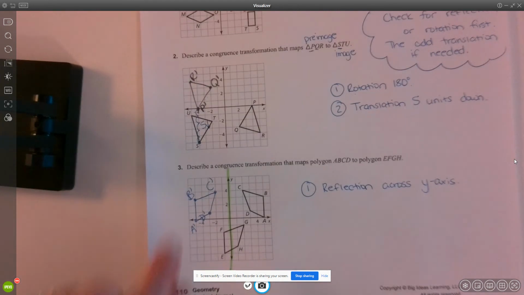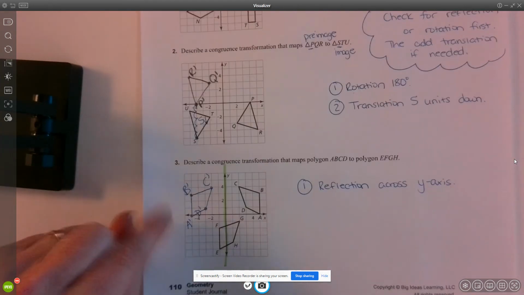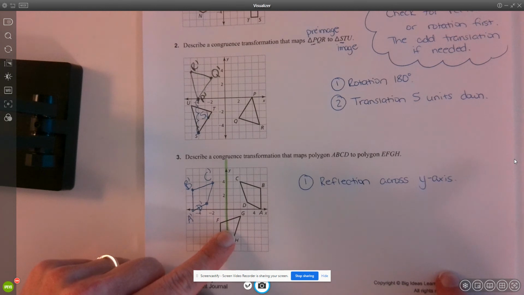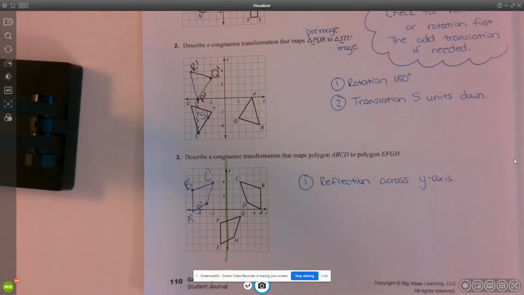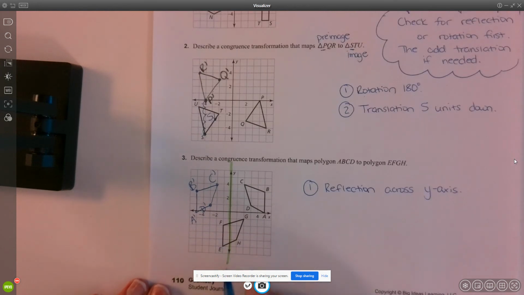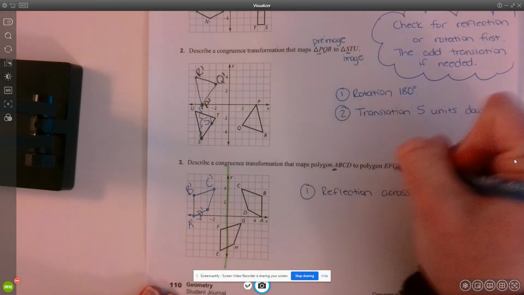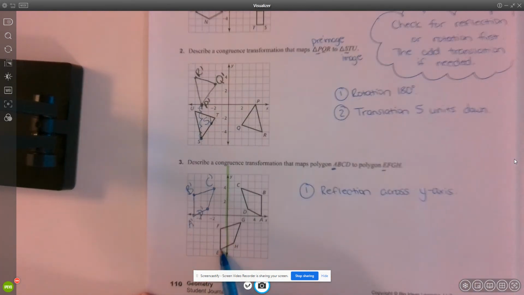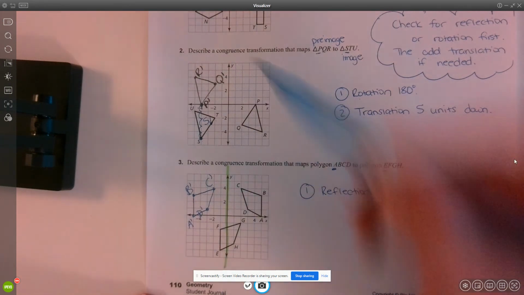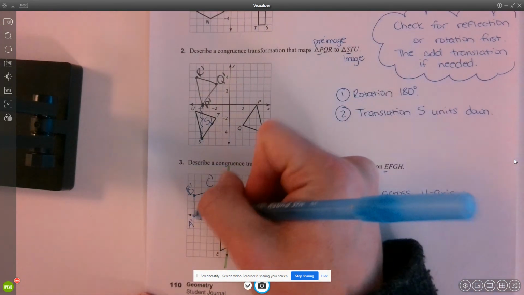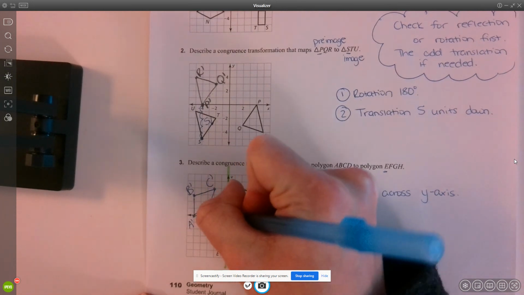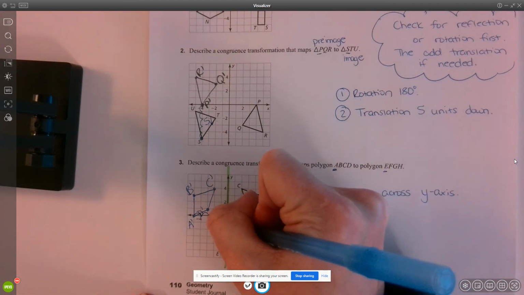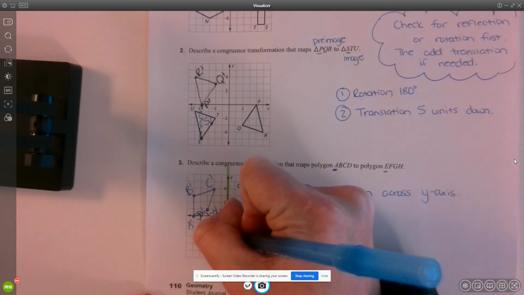I now can tell that all I need to do now in my congruence transformation is translate, or slide, this figure onto my image. I'll just use A prime and E to figure out what kind of translation I need. If you look at the order, I know that point A is going to have to map onto point E. So A prime is going to have to map onto E. To go from A prime to E, I'm going to have to translate it 1, 2, 3, 4 units to the right, and 1, 2, 3, 4, 5 units down.